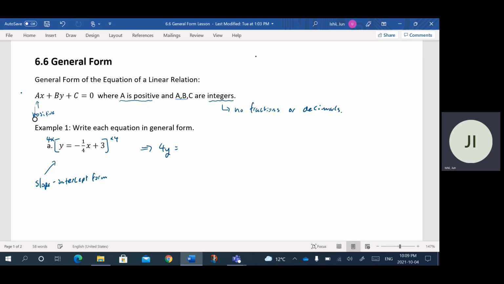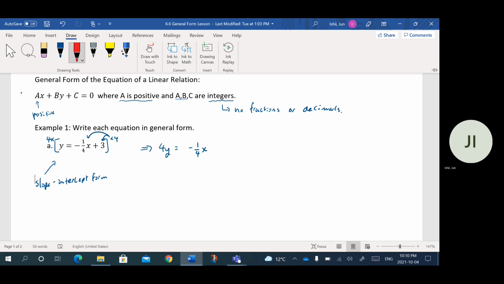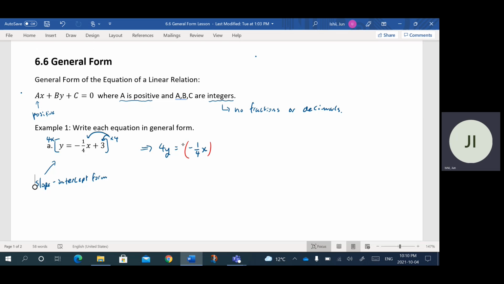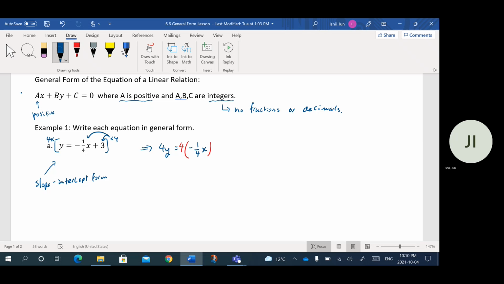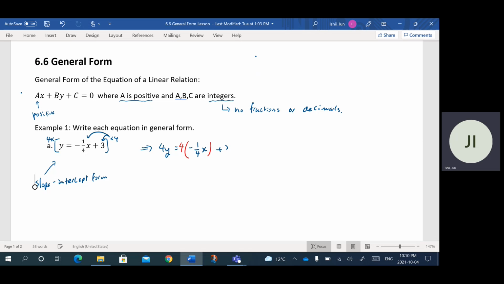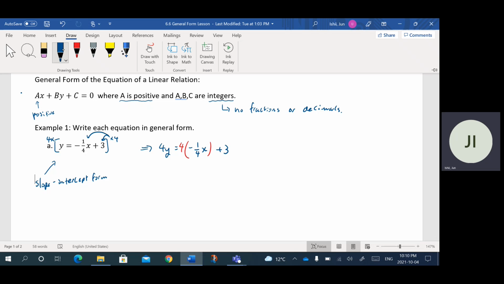On the right-hand side, I'm going to distribute the 4 and multiply each of these terms. The first term, negative 1 over 4x, I multiply by 4, and the plus 3, I also need to multiply by 4.